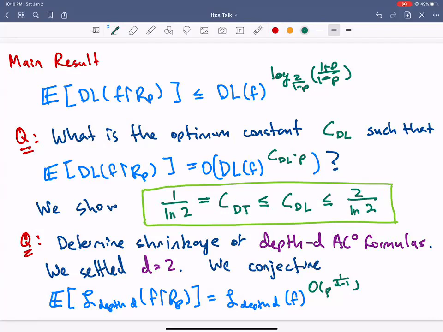This is what we prove in the case D equals 2, which is just order P. And this is what you would predict based on the formula size of parity, under the hypothesis that parity is the most shrinkage-resistant formula of a given size. Okay, so thank you.